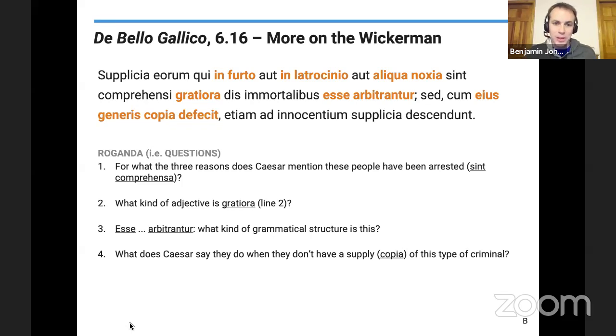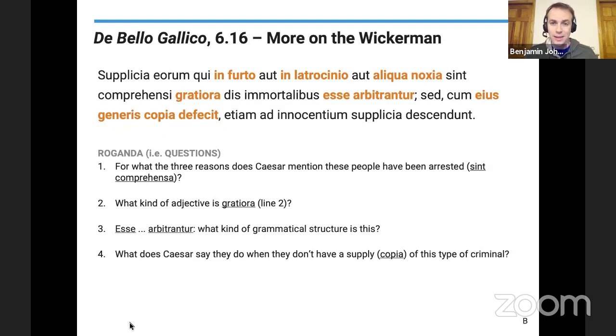Okay. So I think this is the last section we're going to cover. So we have 3 reasons that Caesar mentions that people have been arrested. These people make up, according to Caesar, the punishment. And what kind of an adjective is gratiora in line 2? Esse arbitrantur, what kind of grammatical structure is this?